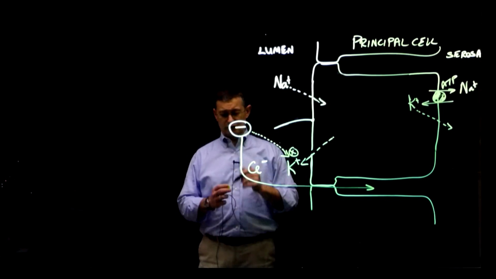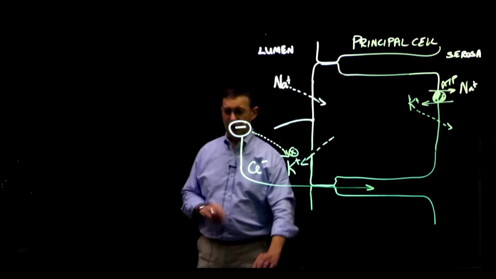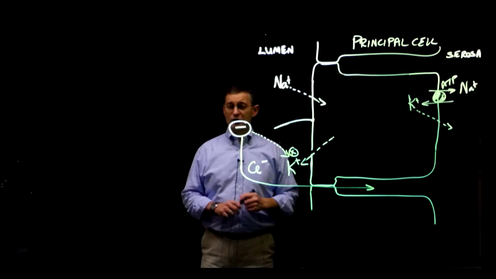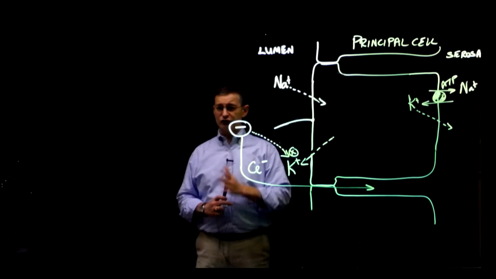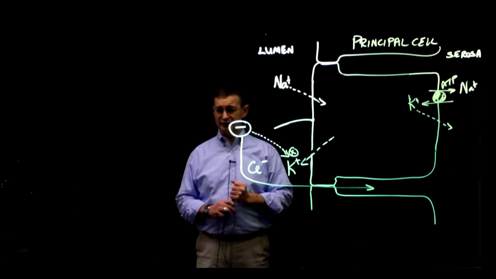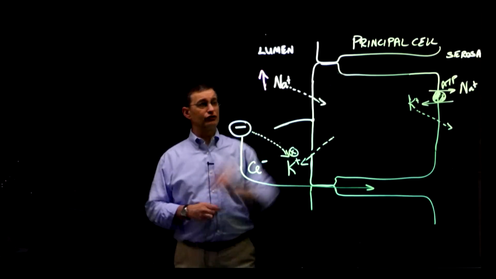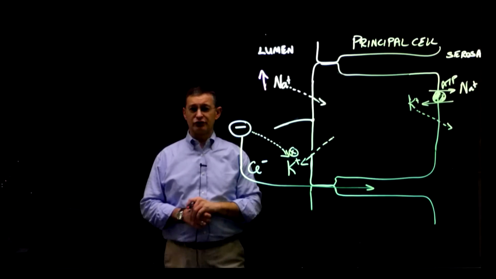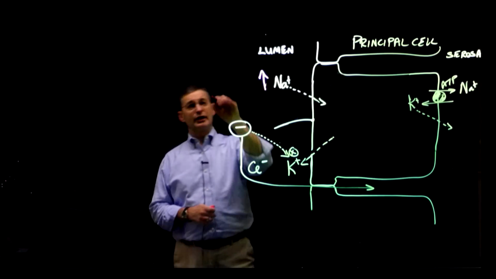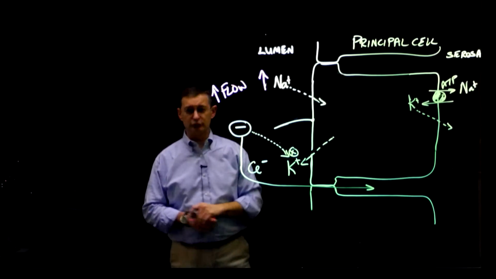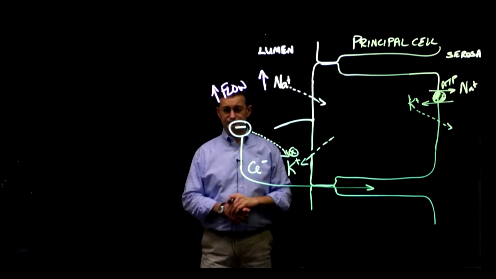Now, let's talk about how this is impacted by diuretics. When I give a diuretic that acts more proximally than the collecting duct, I will increase the sodium delivery to the distal nephron. In doing that, I will also increase the flow, or the volume of fluid, coming through.